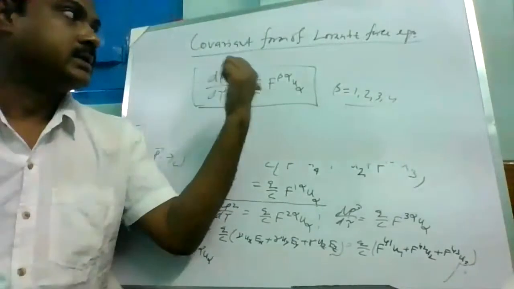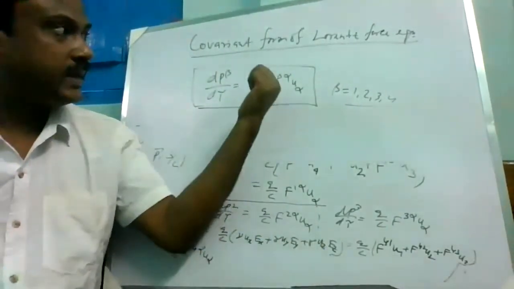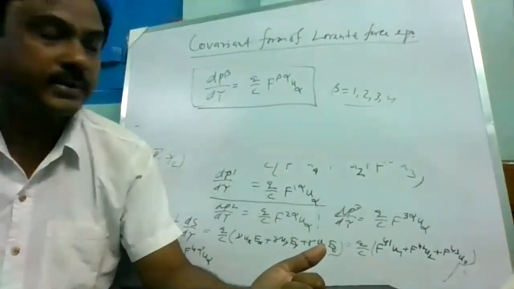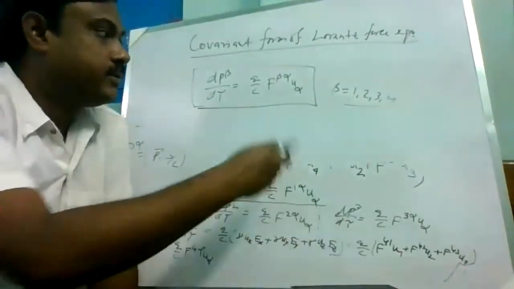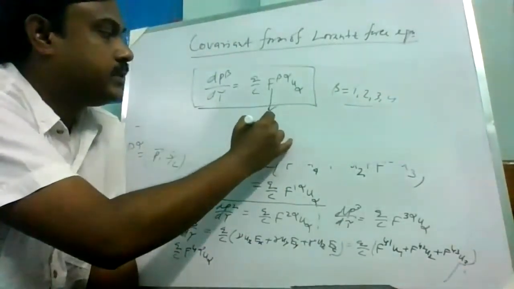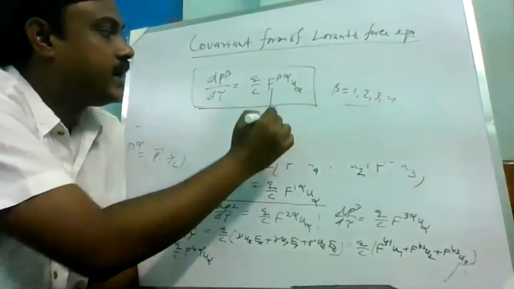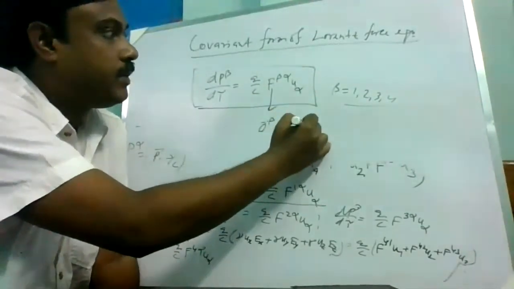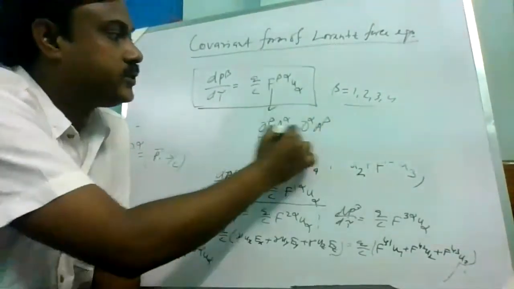You see that this is the field tensor, the covariant field tensor. Now you can express this as the gradient of something. If you express this equation, then this will be del alpha a beta minus del beta a alpha. This is actually the expression.